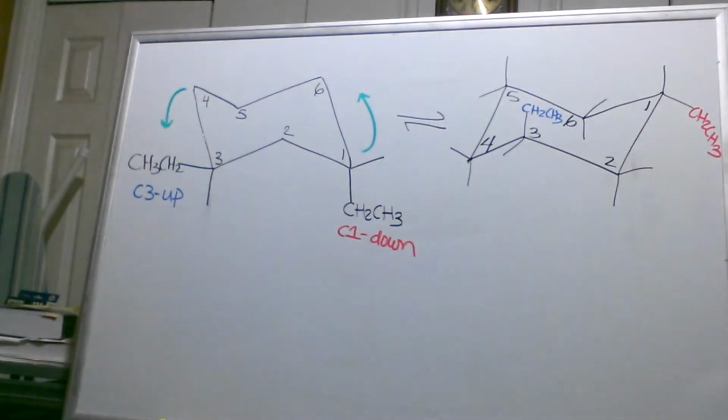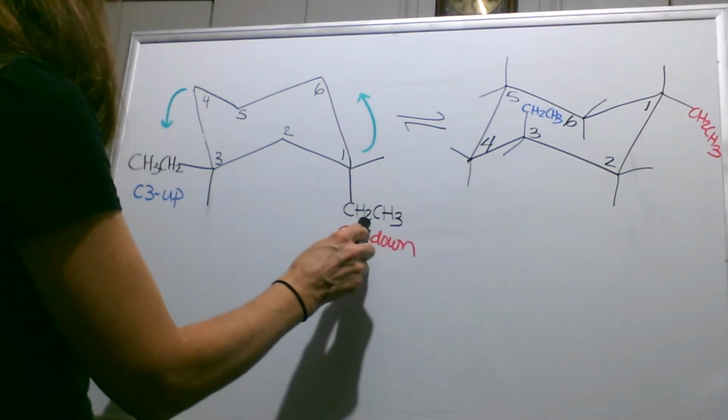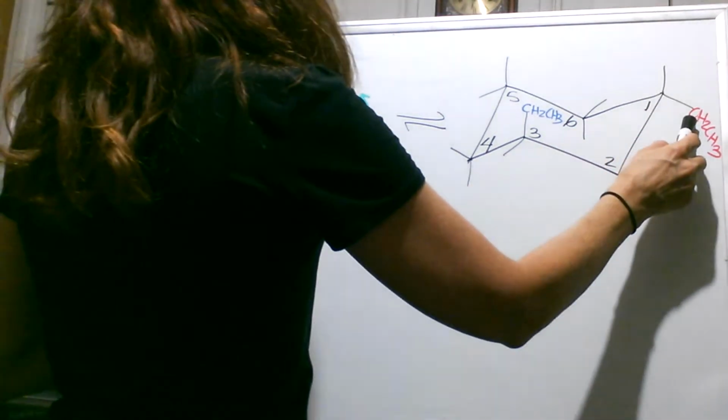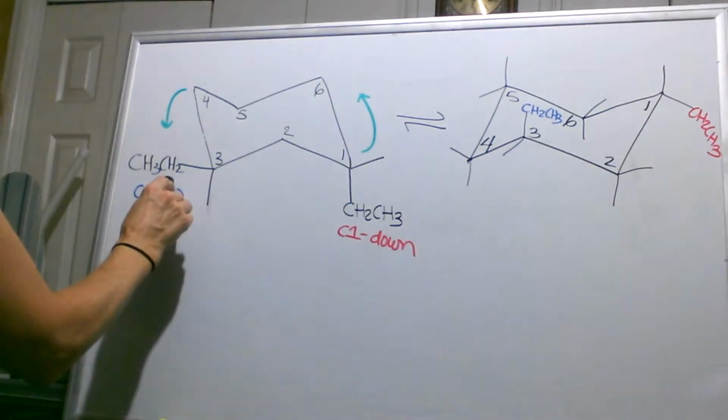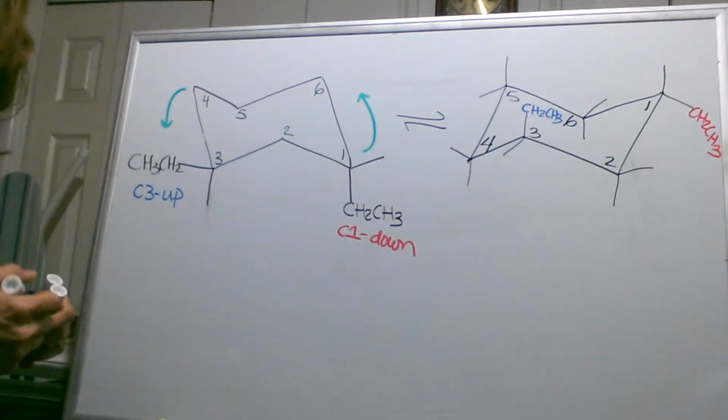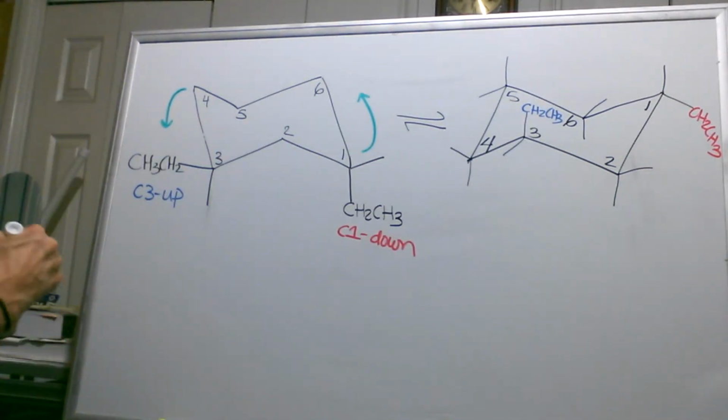And the last thing I do with this before I check the perspective is I make sure that axials and equatorials switched. So C1 was axial, C1 becomes equatorial, C3 was equatorial, and it becomes axial. So our ring flip is done correctly.